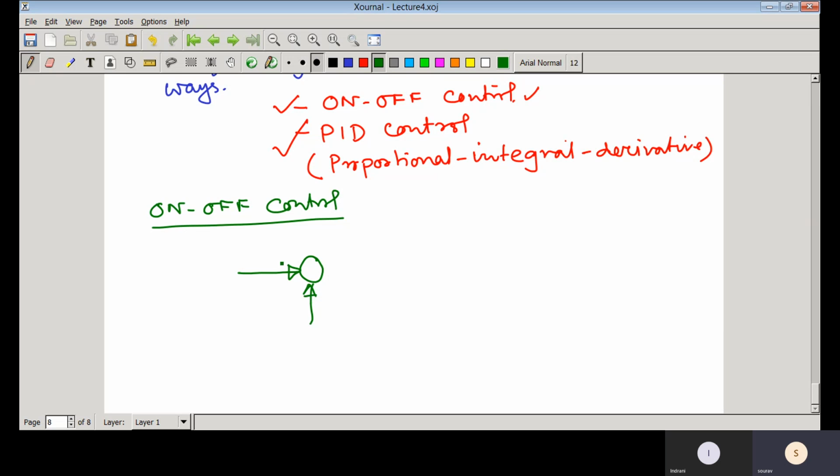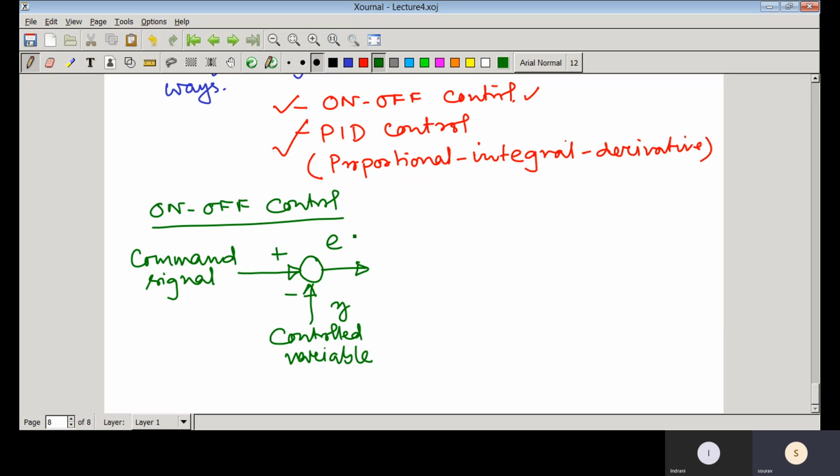Here we have the command signal, and here we have the controlled variable Y, and we are using negative feedback. So here you have E, which is the error signal.